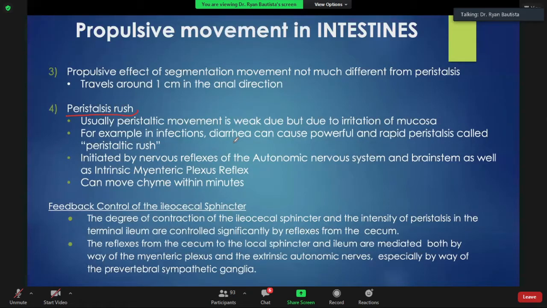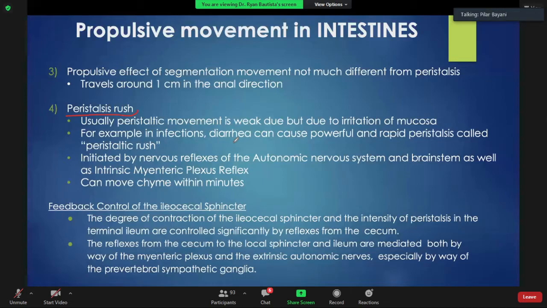How about if I have any bacteria, virus, or parasitic infection? Would you think that would be an irritant? Food poisoning, bacteria, virus, and parasites, aren't those irritants to our gastrointestinal tract?